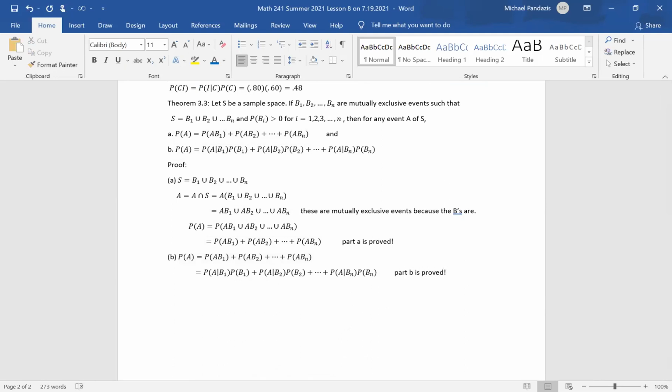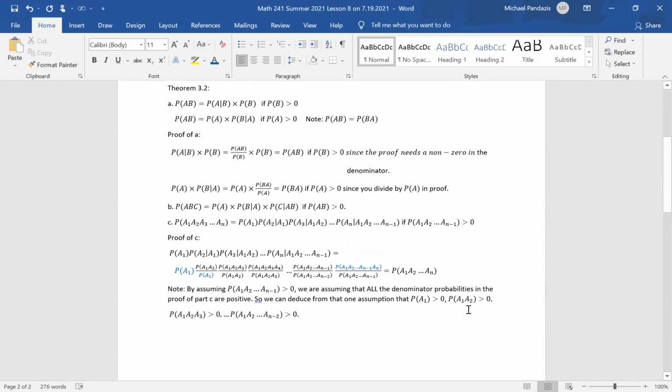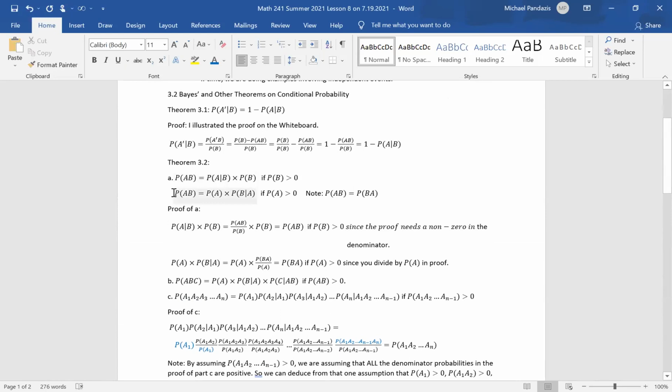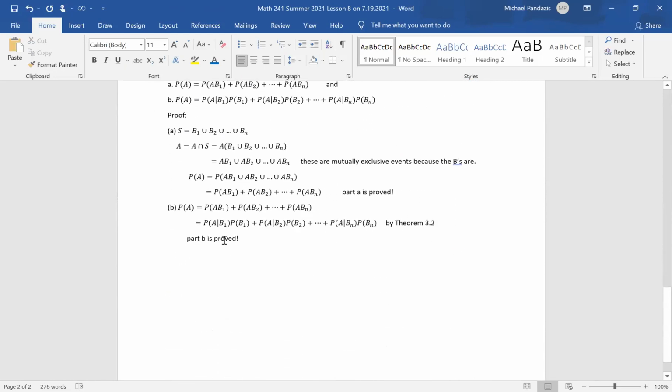Okay, and so that was by parts. This was by theorem 3.2. Right, in theorem 3.2, we said that the probability of A and B is equal to this times this, right? And so you just applied that here.